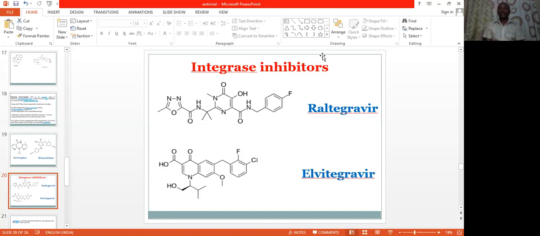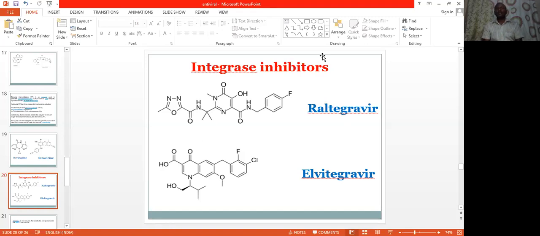Then the RNA genome that is required, the proteins, the capsid, or the enzymes required for the virus will all be synthesized from the host DNA, because the viral DNA is inserted into the host DNA.